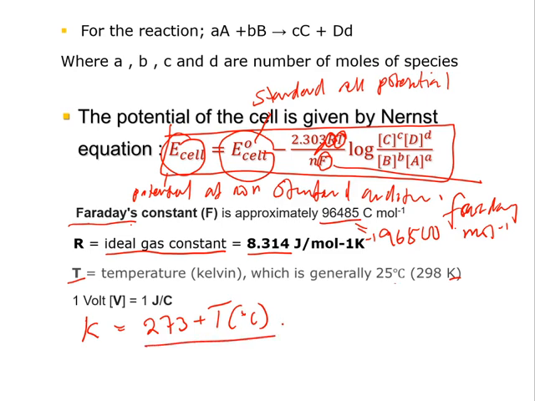So, for example, if you add 25 degrees, you have 273 plus 25, which gives you 298 kelvins. So this is how you get the temperature. This is the relationship that exists between a Kelvin and a degree. You just have to add 273 to a degree, then it gives you the temperature in kelvins.